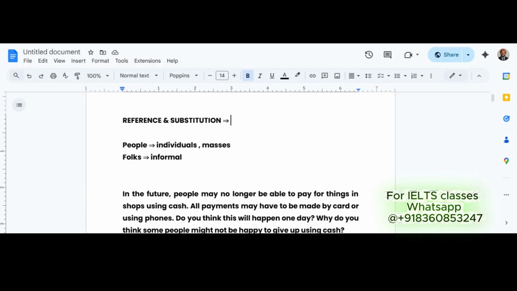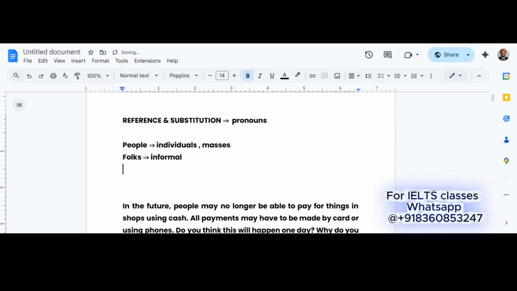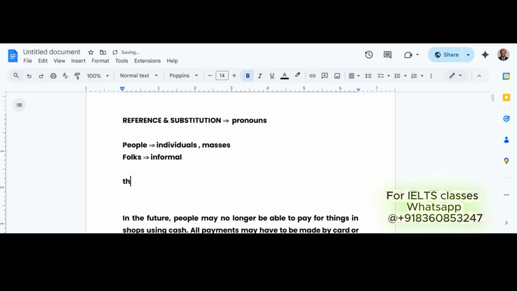For example, reference and substitution is largely achieved using pronouns, which are largely overlooked by a lot of people. Instead of repeating people, I will mention people once, and then whenever I want to talk about them, I will just use they, their, or them.